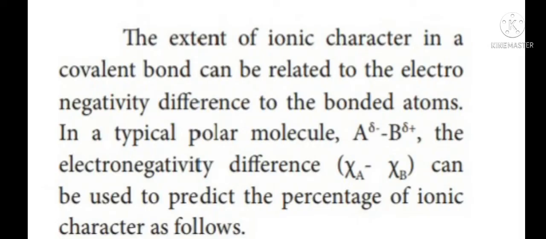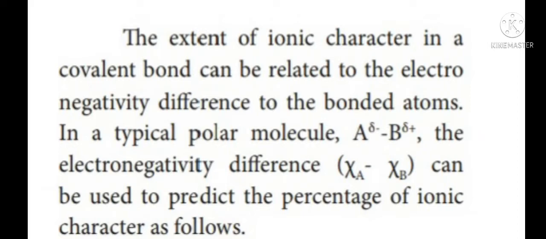The extent of ionic character in a covalent bond can be related to the electronegativity difference of the bonded atoms. Consider a molecule A-B, where A has a partial negative charge and B has a partial positive charge.